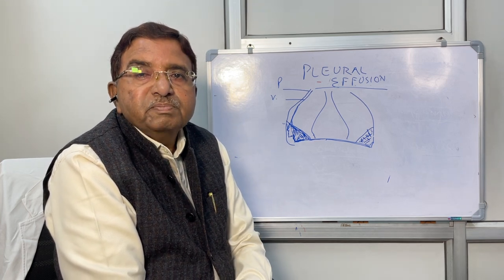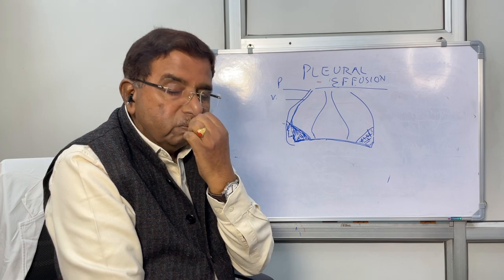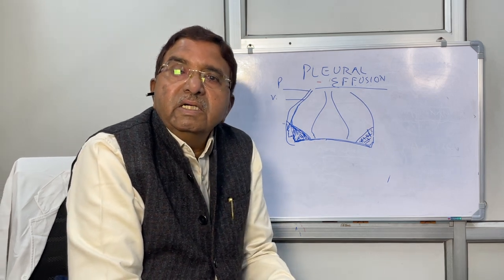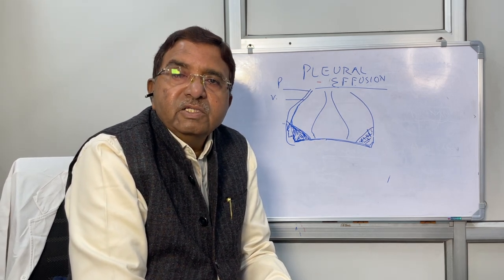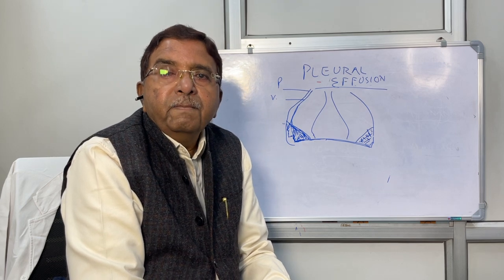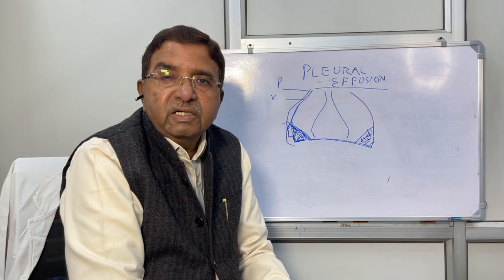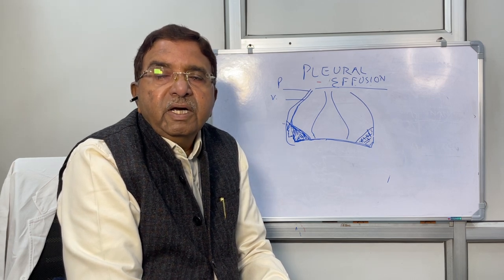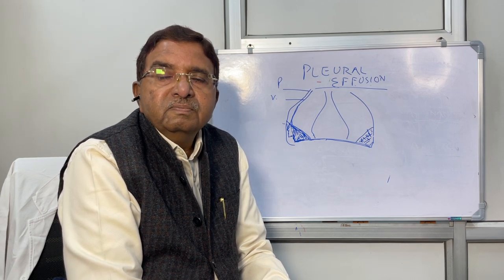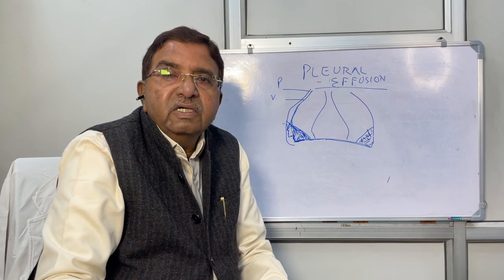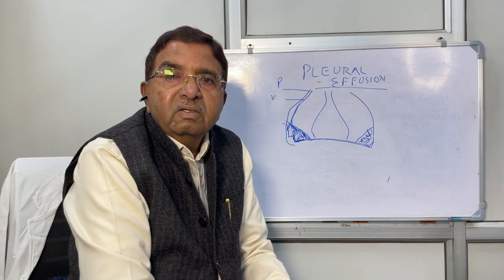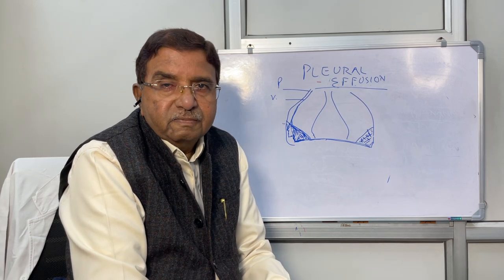And in patients suspected of malignancy, we can look for malignant cells in the diagnostic aspirate, as well as go in for HRCT of the thorax to find the exact location of the neoplasm and its spread in the lung, and staging of the disease can be done on HRCT thorax.